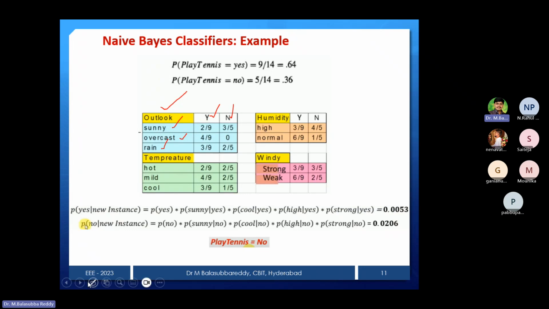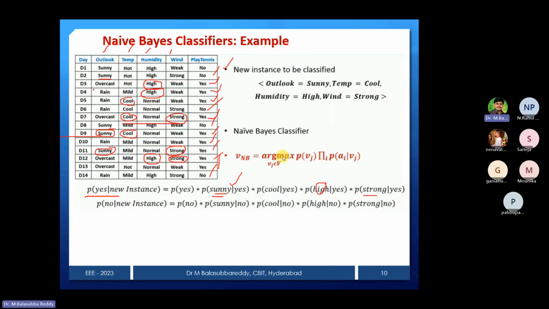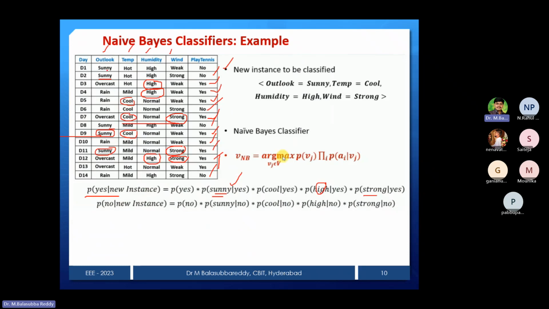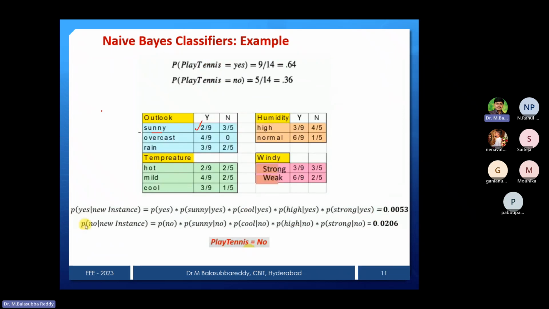What is the probability of getting yes and getting no? You can see, sunny is getting yes. How many instances? Sunny is getting yes. We can see here one, two, two cases only. That's why I made it as 2 by 9. Why did I mention 9? This is outlook of yes. How many yes do we have?